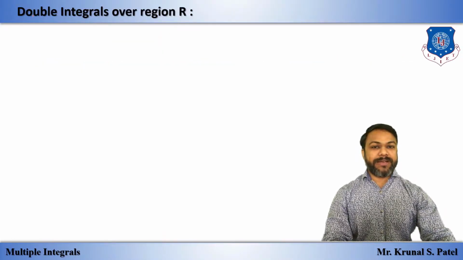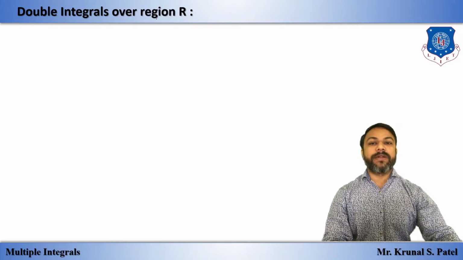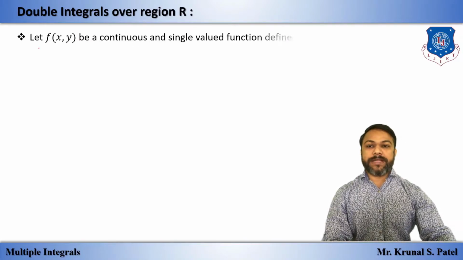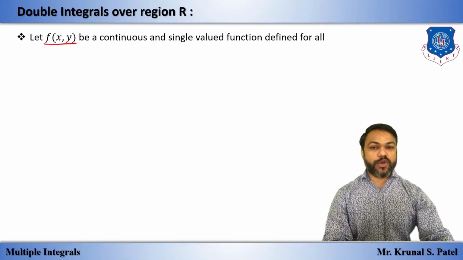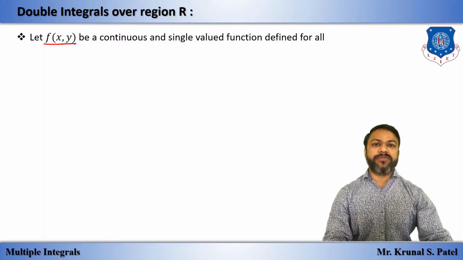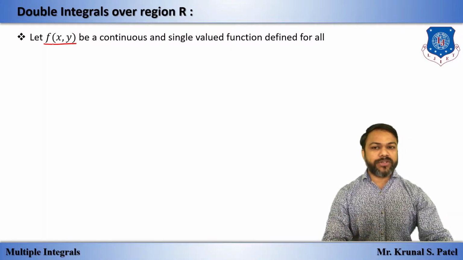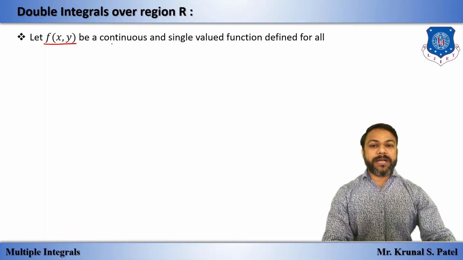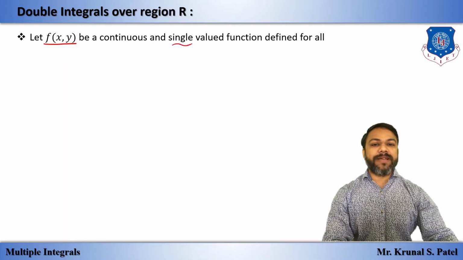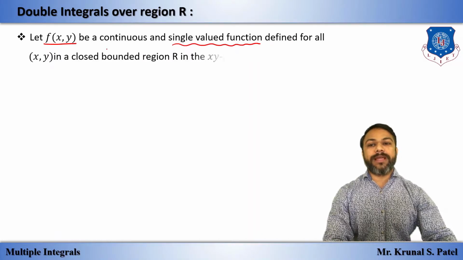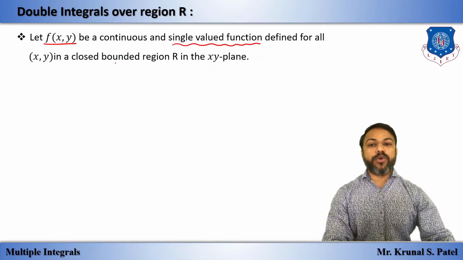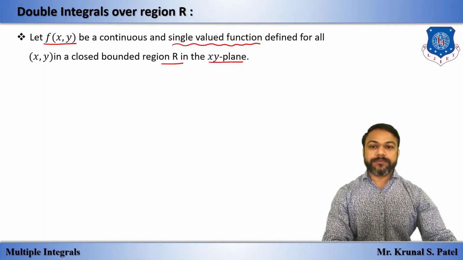First, we understand double integrals over region R. For that, let f of x comma y, a function with several variables, so a function with 2 variables, be continuous and a single valued function defined for all x, y in a closed bounded region R in the xy plane.